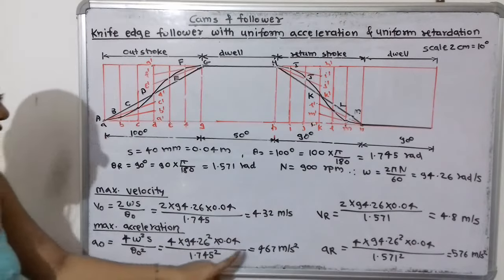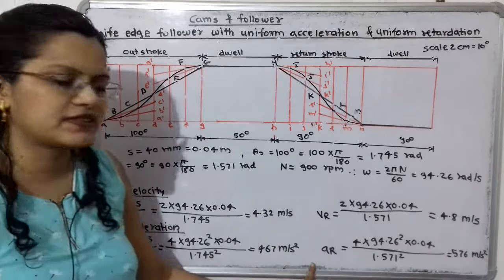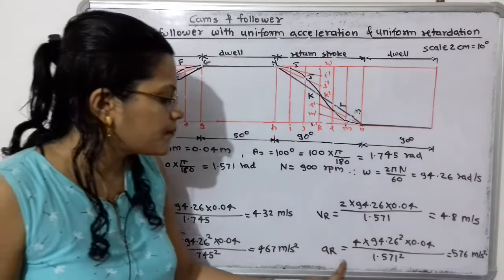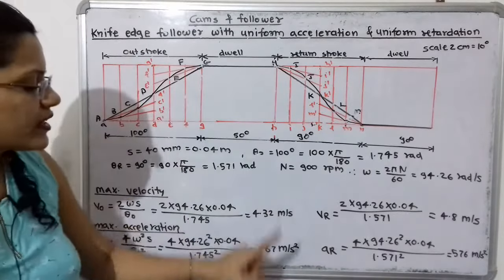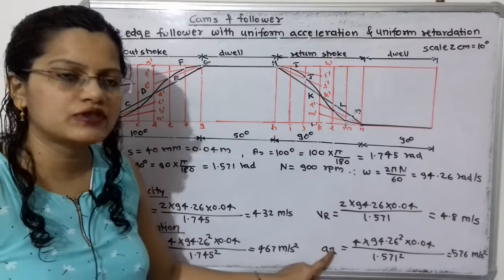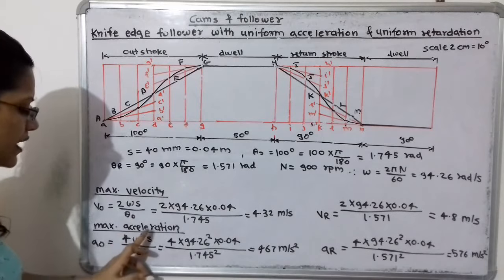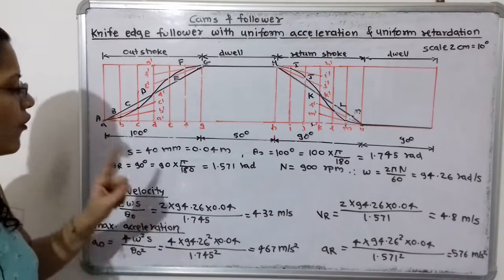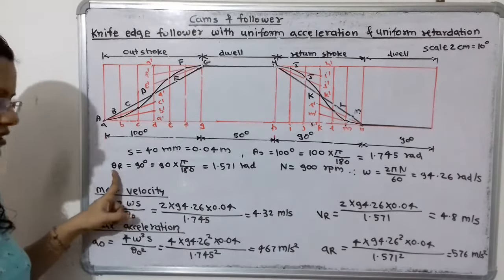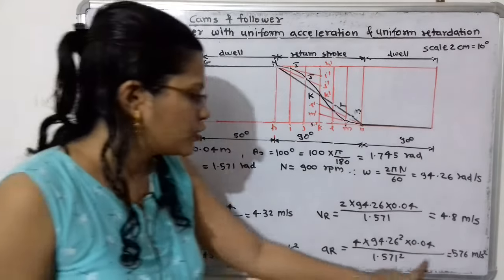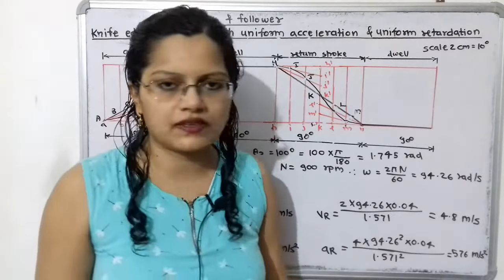When we put in the values, we get 467 meter per second square. Now what is the maximum acceleration during the return stroke? For the return stroke we use suffix r. Again the same formula: 4 omega square s divided by theta r square. This gives 576 meter per second square.